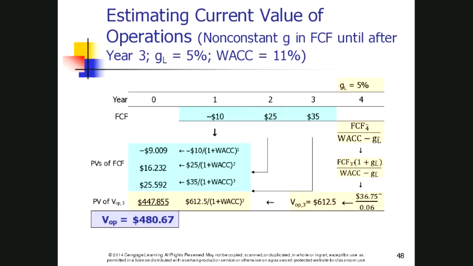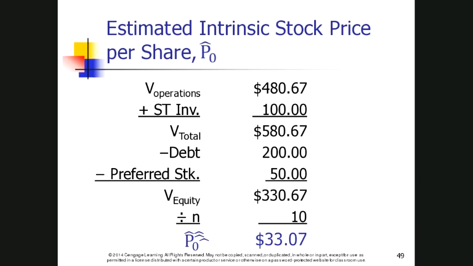Step number 2, we need to add on to it any kind of short-term investment, in this case, 100 million. And then we are going to subtract the debt and subtract the preferred stock. Remember, it's the same setting as the previous example, except here we have a different kind of growth trajectory.